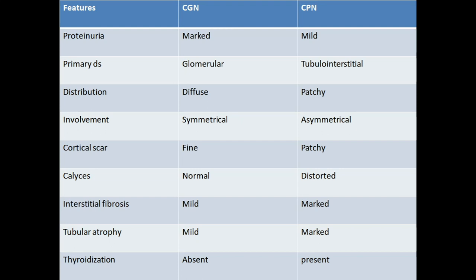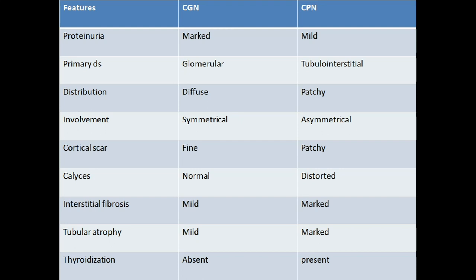The calyceal system in chronic glomerulonephritis is normal, but chronic pyelonephritis is related to the tubules and calyces, so there is blunting and distortion of the calyces.